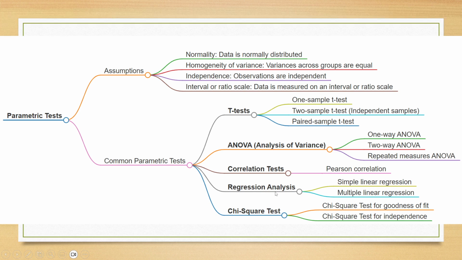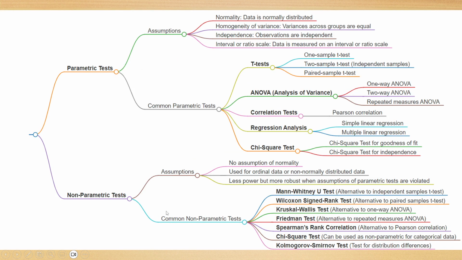And regression analysis, when we go for the relationship between two variables or many variables: for two variables we go for simple linear, and when there are multiple variables, multiple linear regression. And chi-square has goodness of fit, expected value and calculated value, and chi-square test for independent groups. We will see this in our later stage.